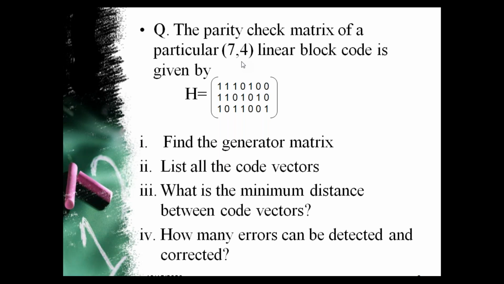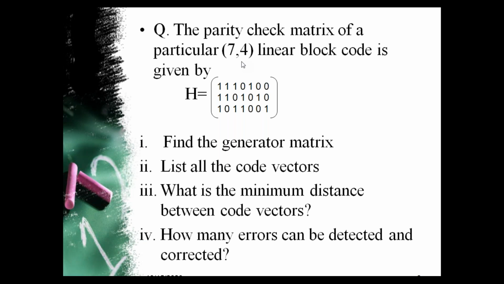That is, here k equal to 4, therefore 16 message combinations. And the second question is to list all the code vectors, meaning we will have to write all the 16 code words corresponding to those 16 messages.